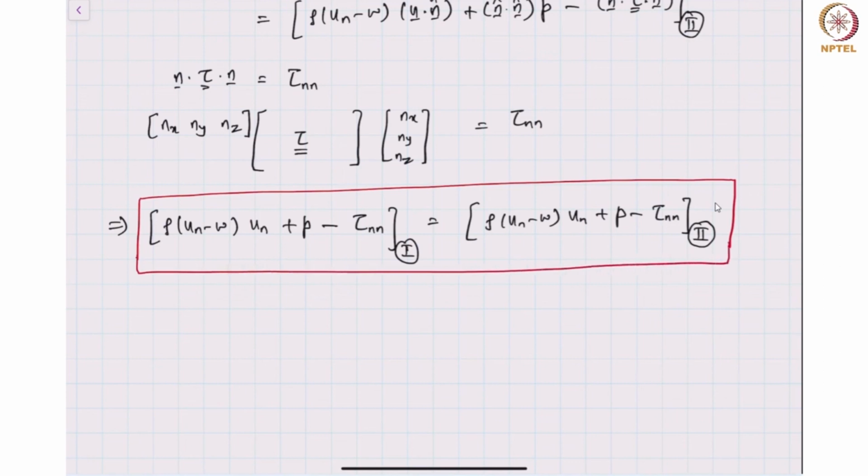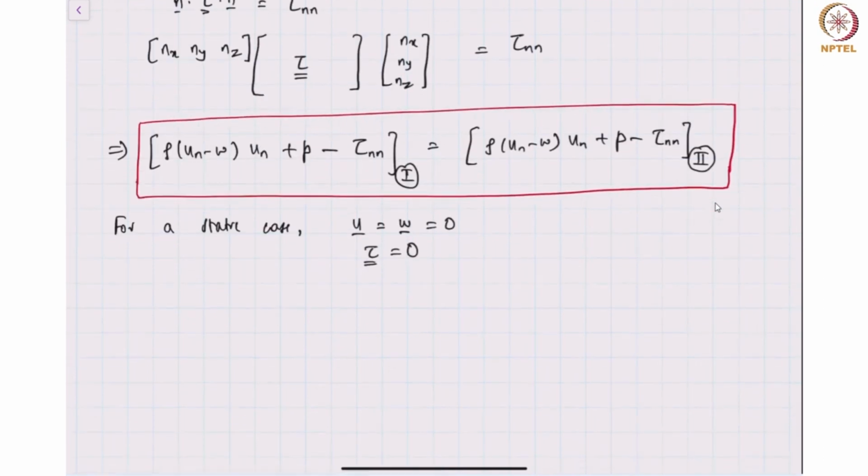across an interface. Okay, for a static case, both the velocity of the fluid and the interface will be at 0. Tau will also be identically 0, and what you have now is that pressure across the interface is continuous.